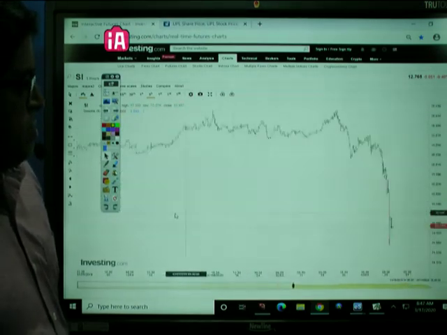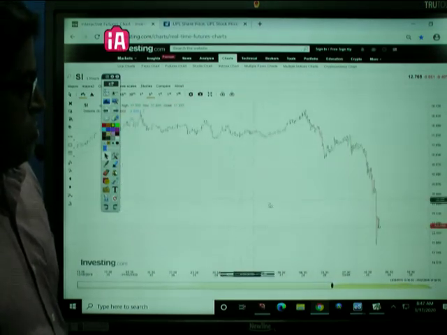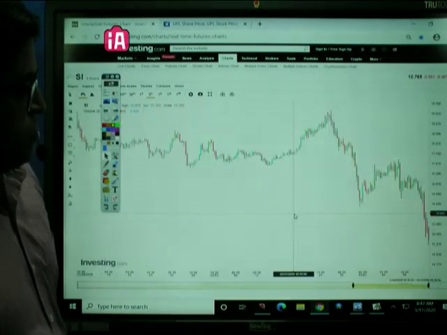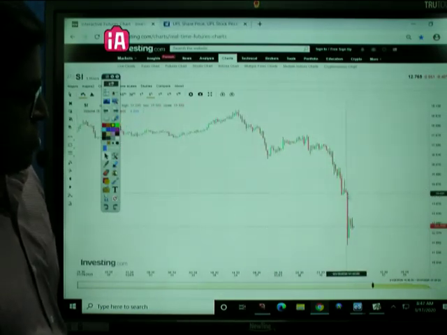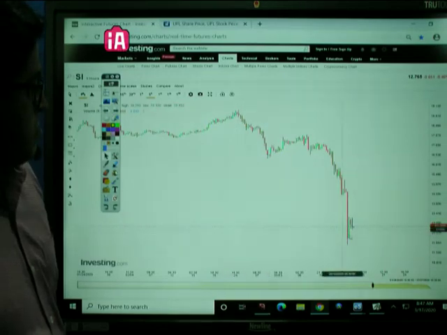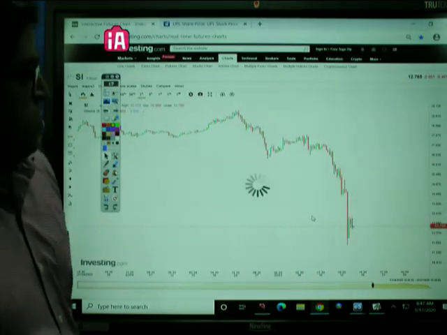It's trading at this year's low, and yesterday it dropped a lot. So now it is trading somewhere here. I'm going to change it to a 1 hour chart.